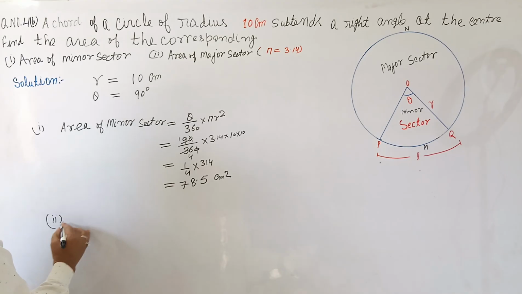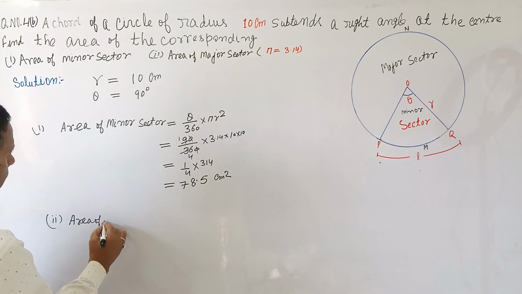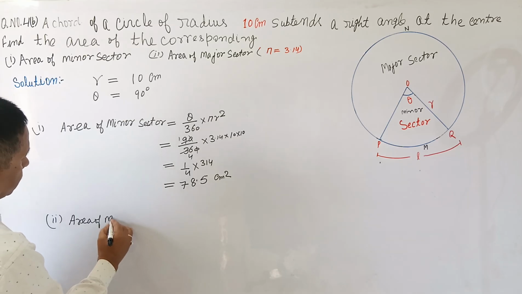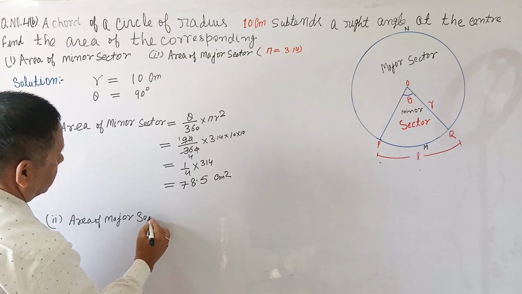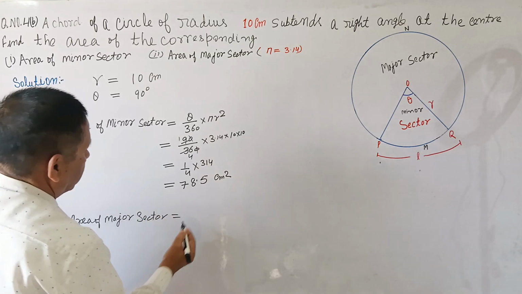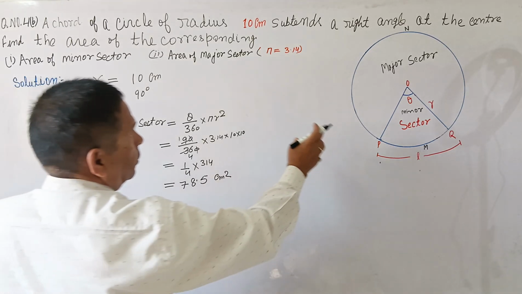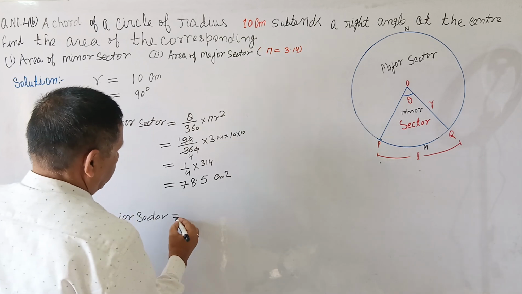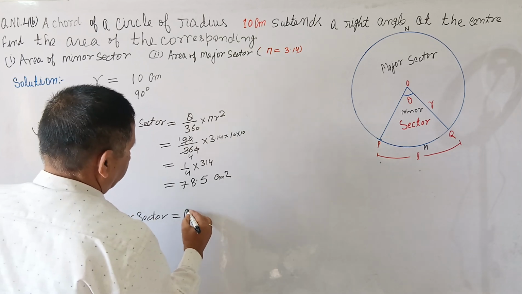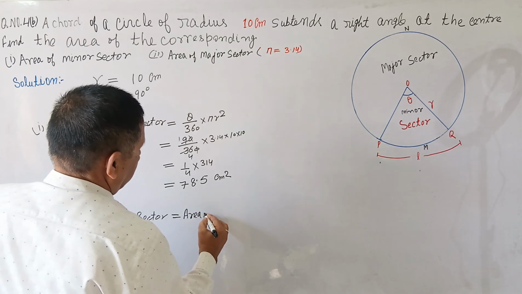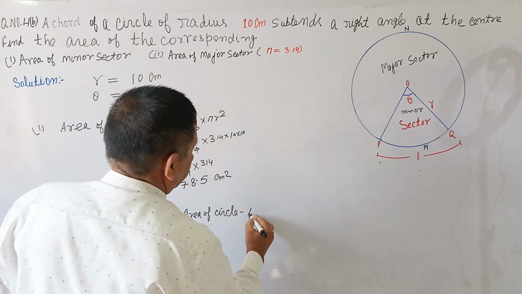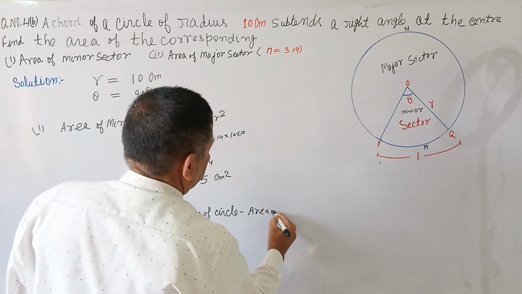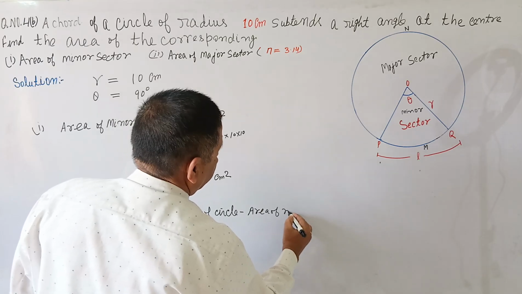The second part we will solve for the area of the major sector. For this we will find the area of the circle minus the area of the minor sector.